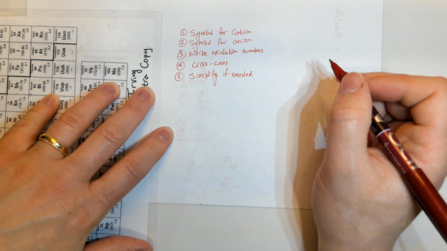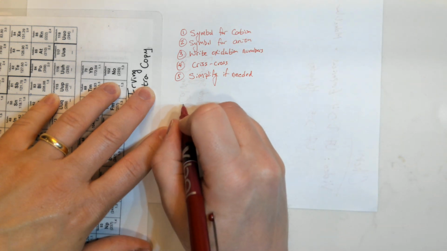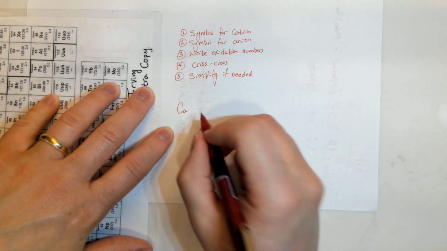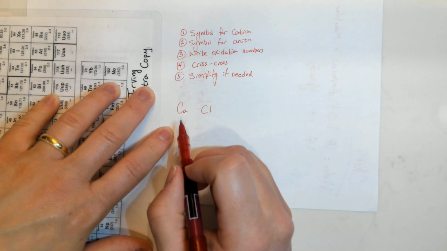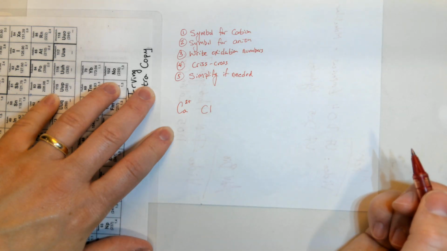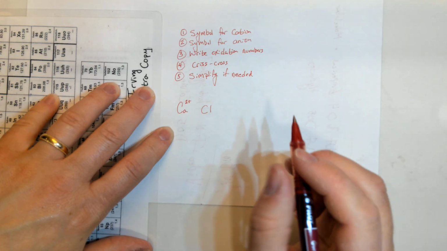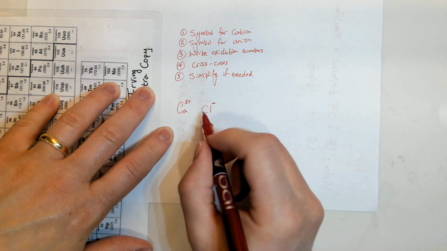So if we take our first one, calcium chloride dihydrate, we'll list our symbol for the cation, Ca. We'll list our symbol for the anion, Cl, and we'll write our oxidation numbers. Calcium is in the second column, which means it will always have a positive 2 charge. Chlorine is in group 17, which means it will always have a negative 1 charge.